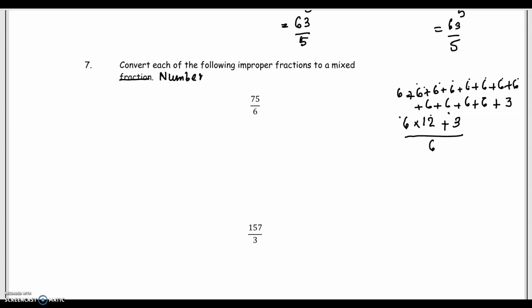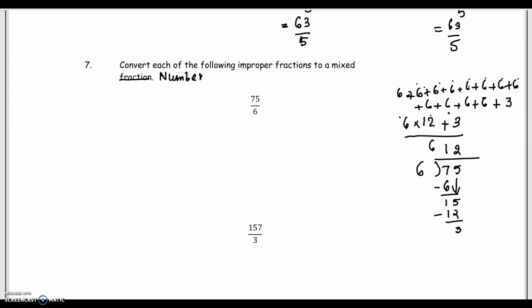So what we're really doing is trying to figure out how many times 6 goes into 75. So you go 6 times 1 is 6, subtract, you get 1, bring the 5 down, 6 times 2 is 12, subtract, and you get a 3 as a remainder.